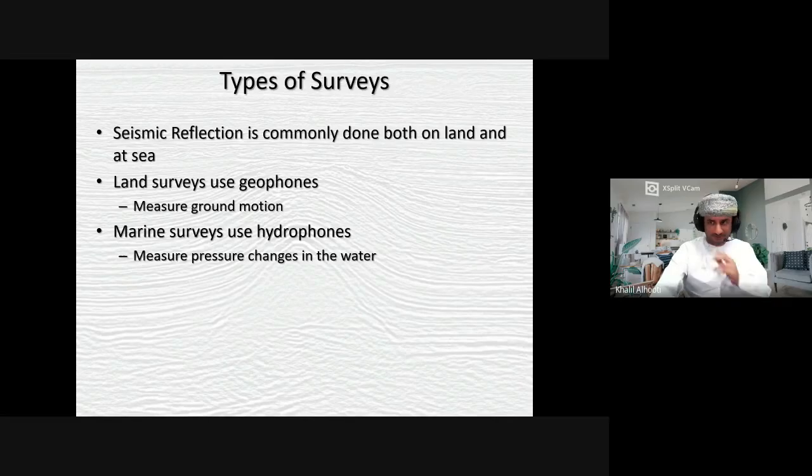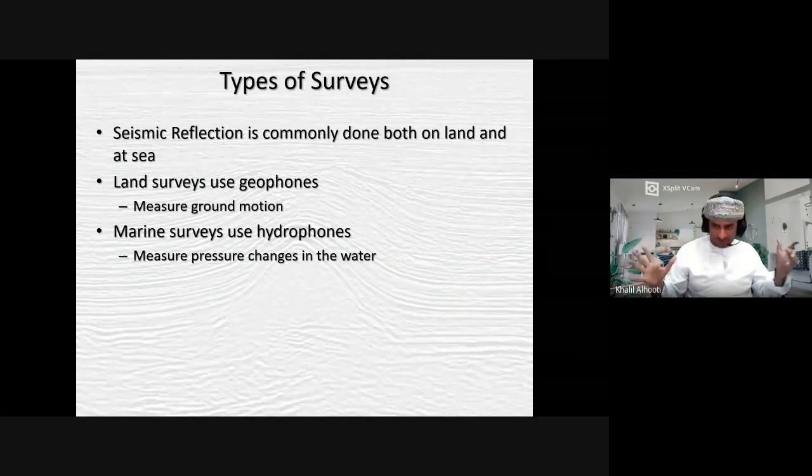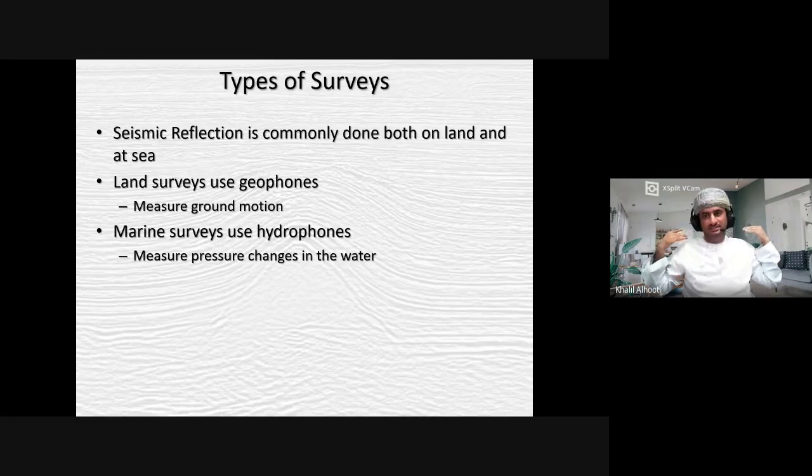Land survey. So you see, in land survey you need to move the geophones. You need to move your vibrators. But in marine, everything is tied behind a vessel. They name it a vessel, but it's a ship, a big seismic vessel towing some seismic lines behind it.